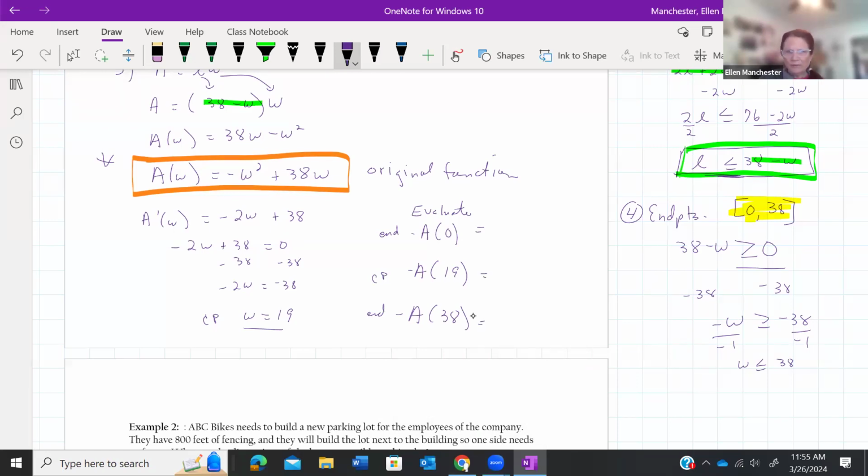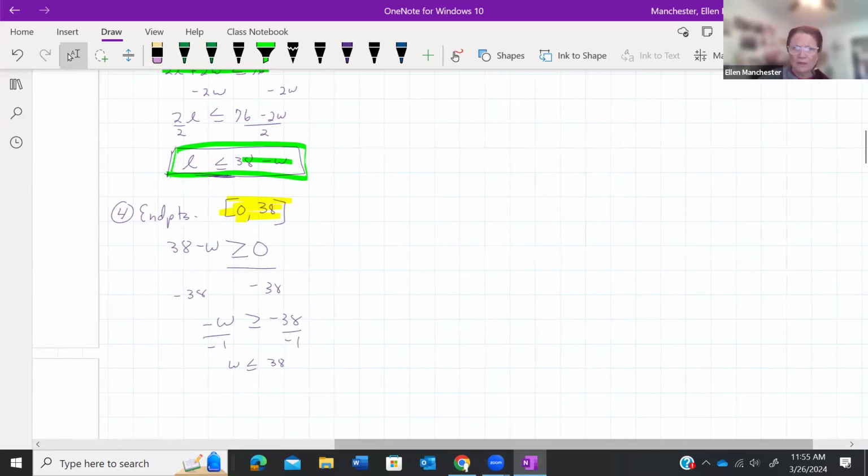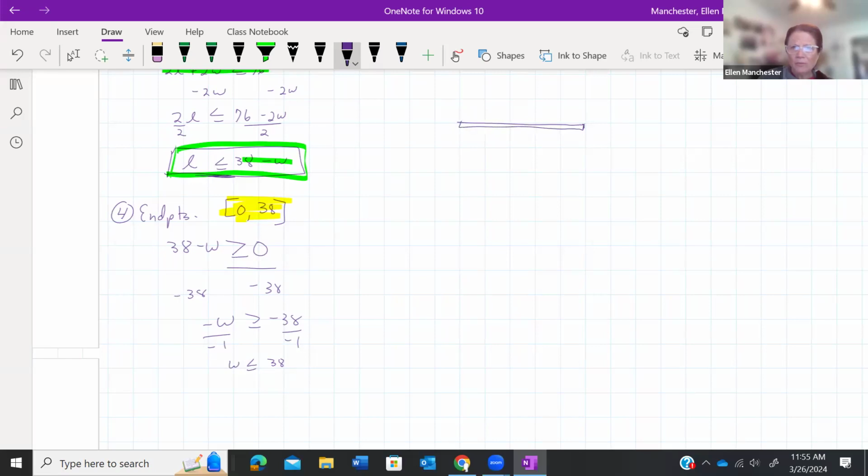Okay. Now, one thing that's good about this is that whenever we're dealing with area, if my width is 0, think about what it looks like. So we have length, and my width is 0, so my width is 0 and my length is here.